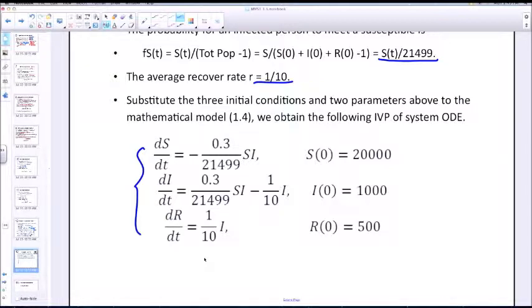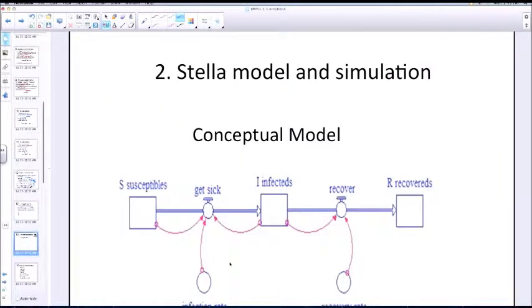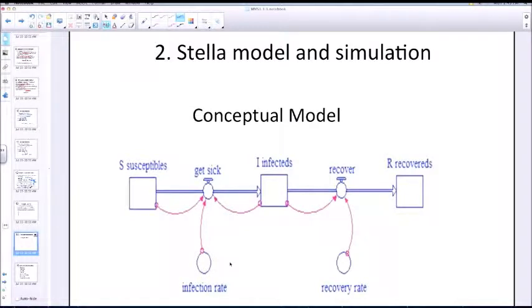You have the 3 equations and the 3 unknown functions with the initial value problem. So that concludes the mathematics modeling. What we are going to do next is use Stella to get the numerical solution and simulate the behavior of this disease spread problem.